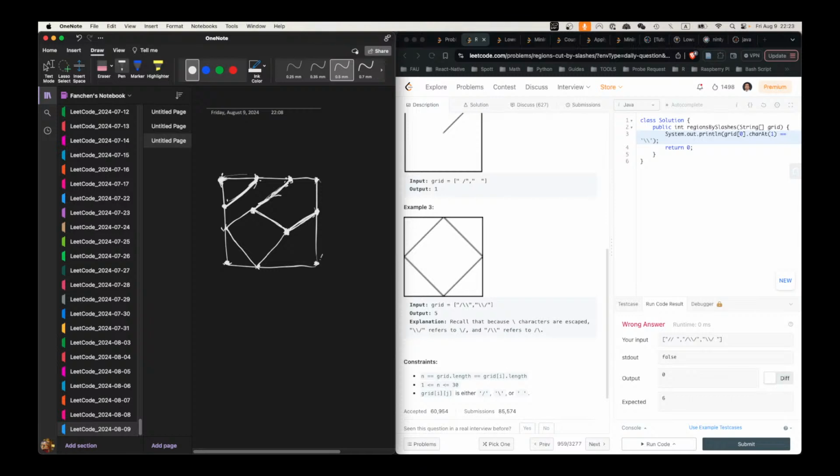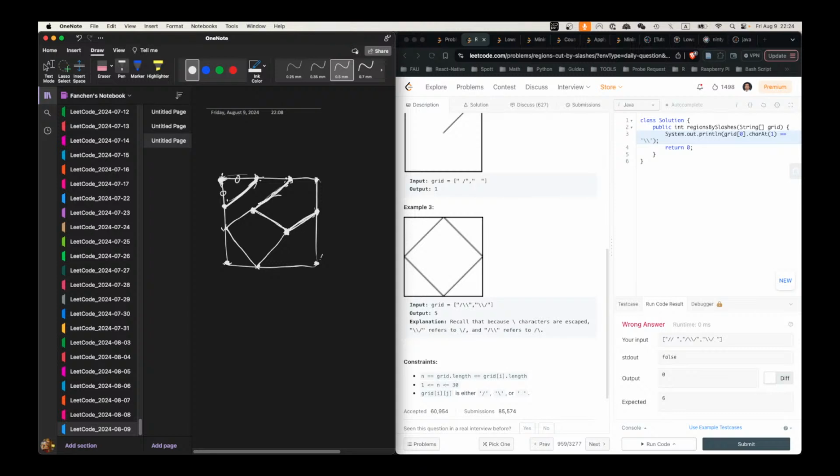We start from any node. Edges. Maybe we need to do edges. Stop thinking about nodes. If we think about edges, then a region is a bunch of edges that share nodes. So in this case, if we formulate edges, this is an edge.